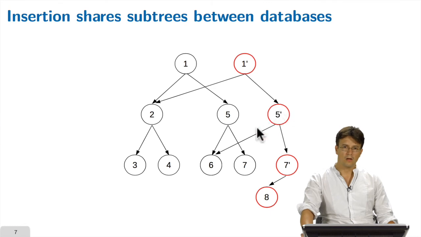And a lot of subtrees, here the left subtrees, can be reused from the input database. So compared with the array-based implementation, this tree-like representation enables more sharing between the different versions of our database.